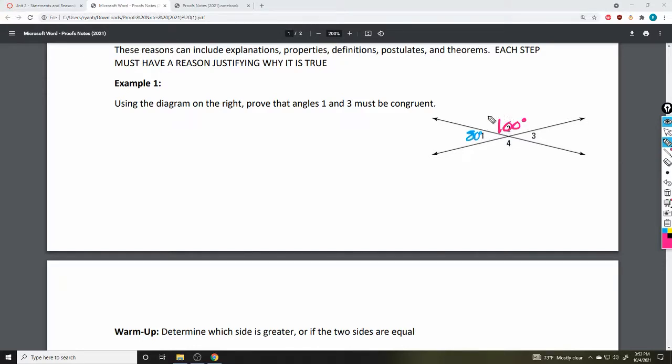I can use any numbers here and this same argument will work. And good news, since 2 and 3 are also a linear pair, since that's 100, this is going to be 80. And there we have those two angles being the same. So that's the basic argument that we're going to use.